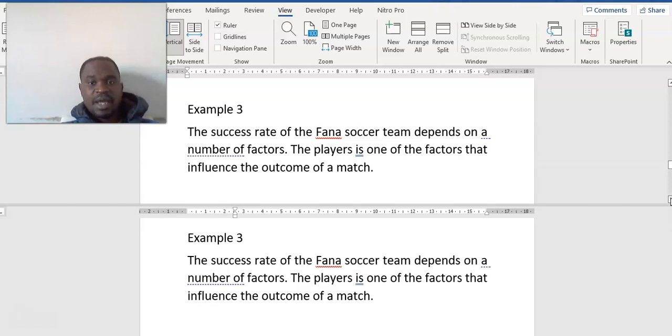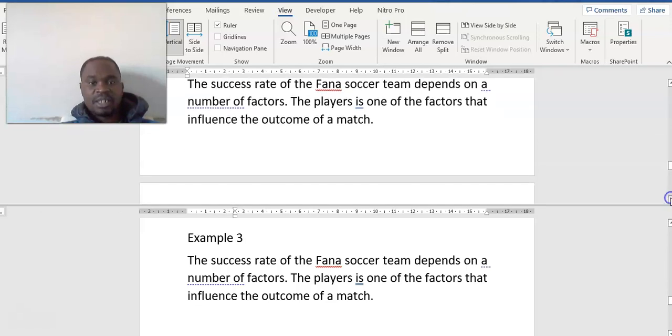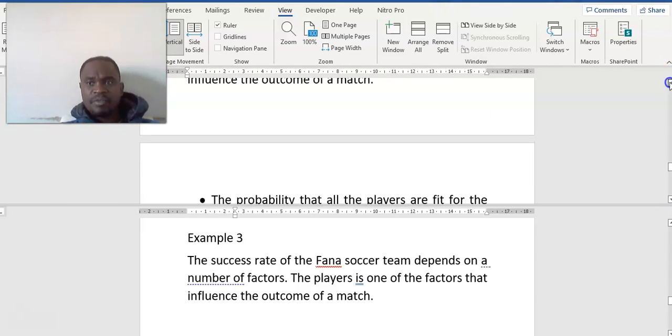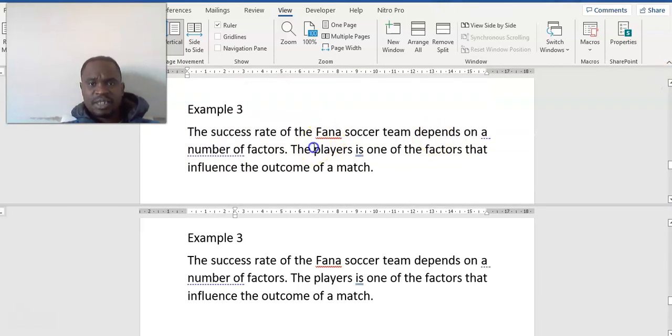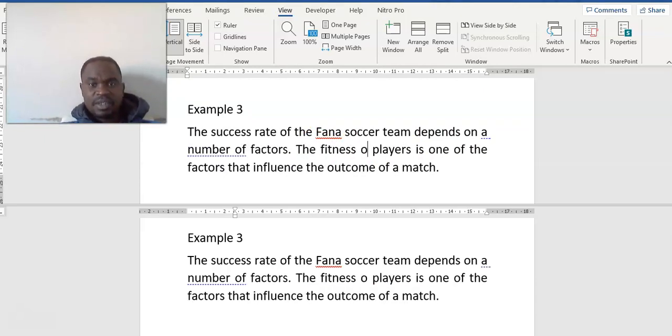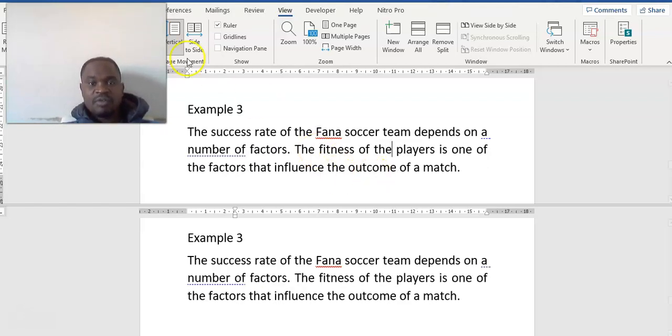The fitness of the players is one of the factors that influence the outcome of the match. If the players are fit, you may win. But if they are not fit, you may not win. It's easier to win when players are fit than when they are not fit.